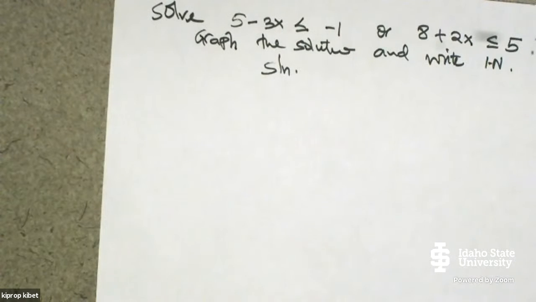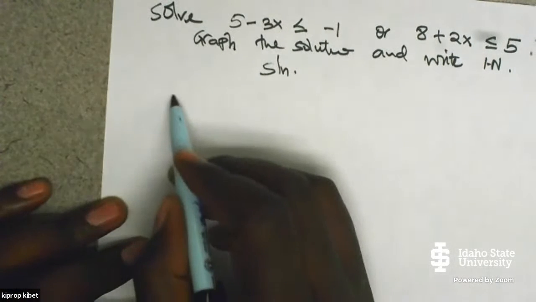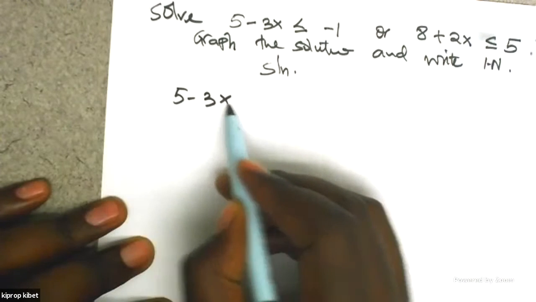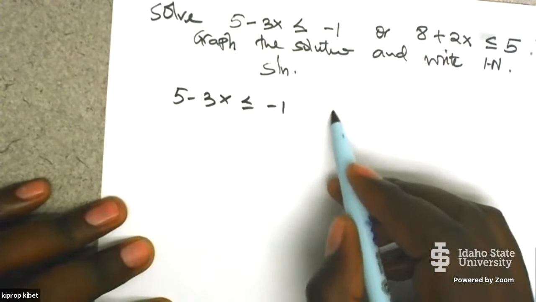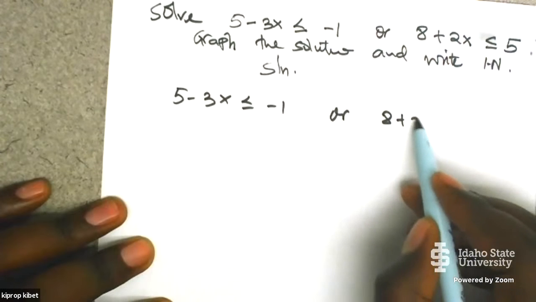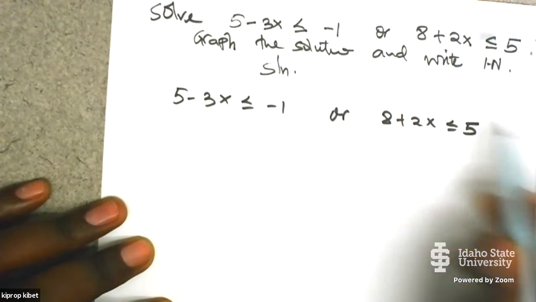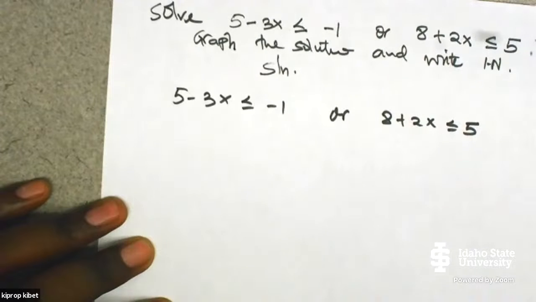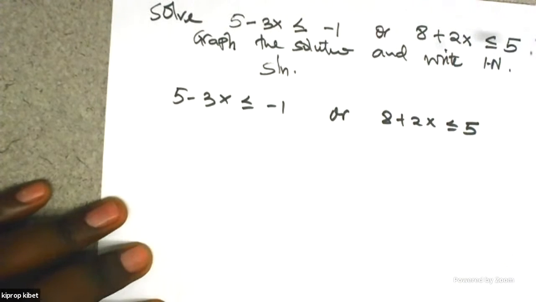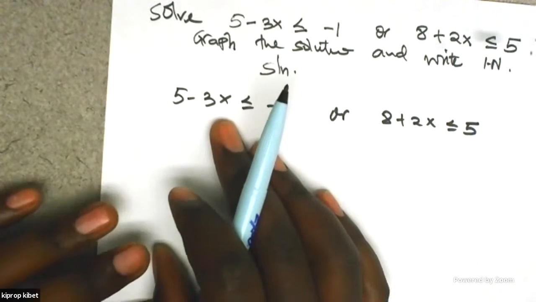So how should we solve this? We have 5 minus 3x less or equal to -1, or 8 plus 2x less or equal to 5. We need to make x the subject.